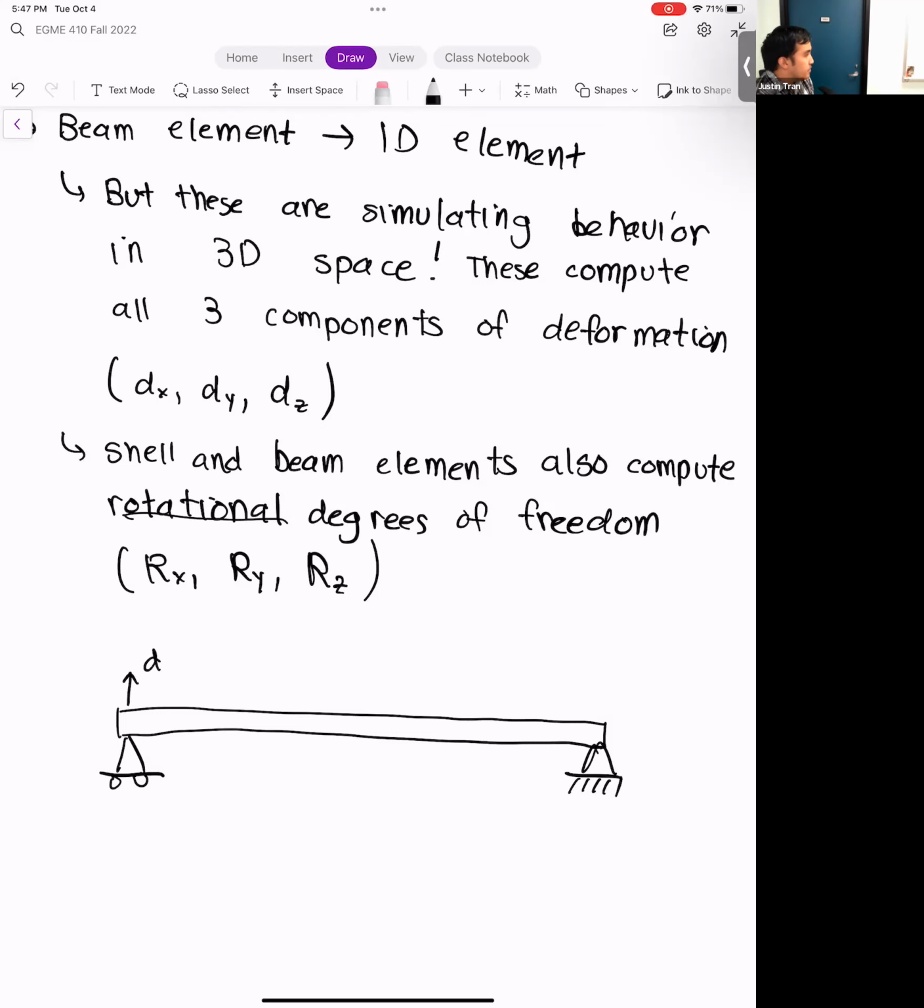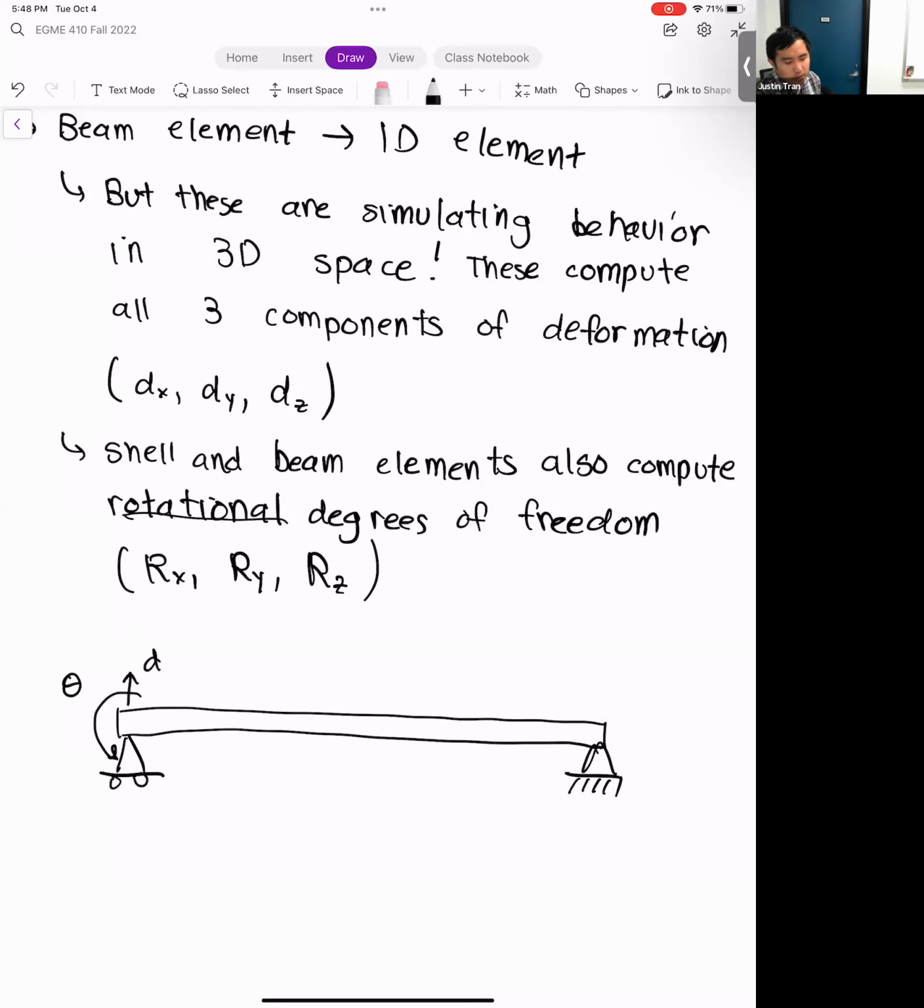That displacement is basically the same as deformation. But then we can also compute how much the beam itself is tilting, right? We can compute the angle of rotation of the beam at that location.